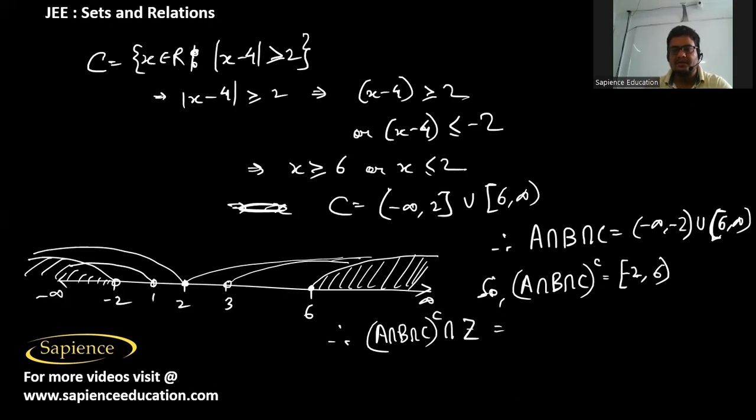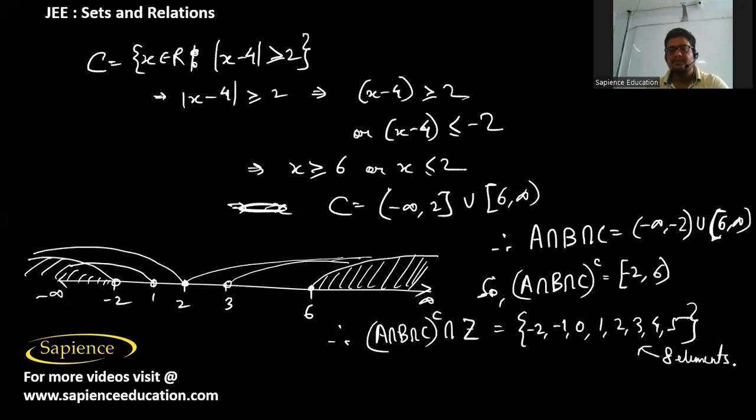It means we have to find all the integers from -2 to 6, including -2. So that will be -2, -1, 0, 1, 2, 3, 4, 5. So here we have 8 elements in this set.